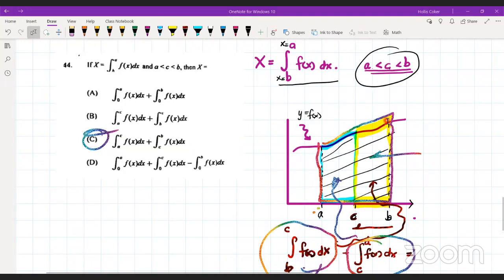The area will basically work out to the same thing if you invert the limits. Let me see what they have here. They have AC.